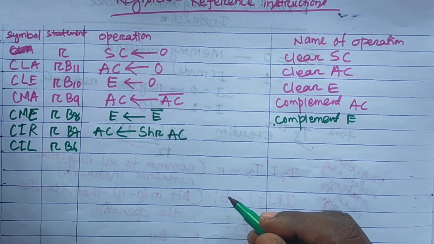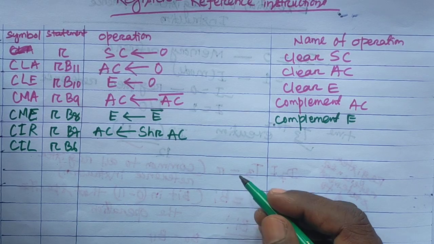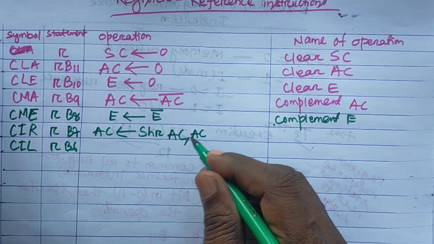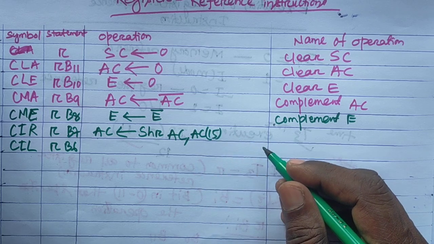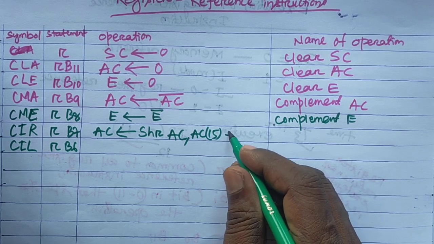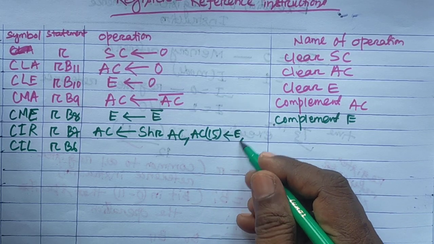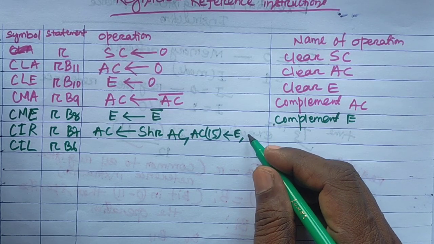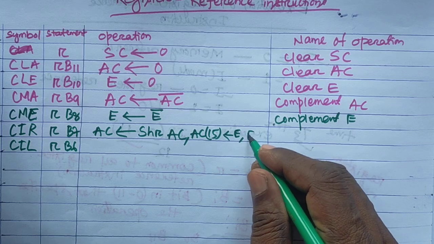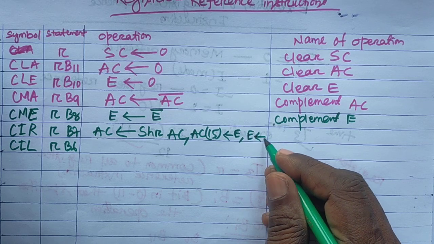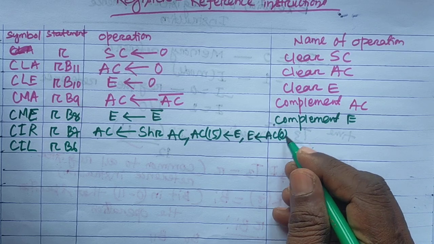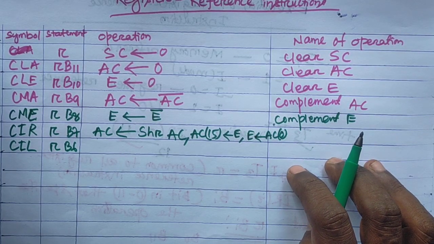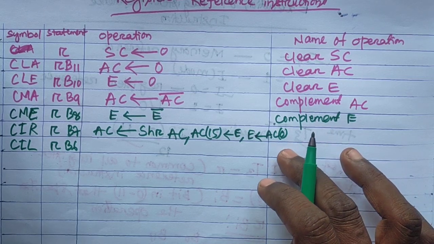Just shift right. In this case what happens? SC15, that bit, is enabled by E, and SC0 or E is also enabled by 0. SC0 means clear.